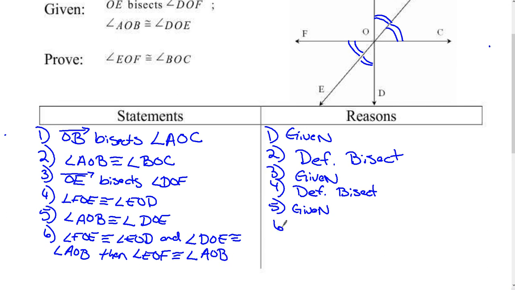What property? This one is going to be transitive. So when you have a bunch of things like this, and then there's a then statement here, that one's going to be transitive because you're taking two knowns and then coming up with another one from that. That one's going to be a transitive for that one.